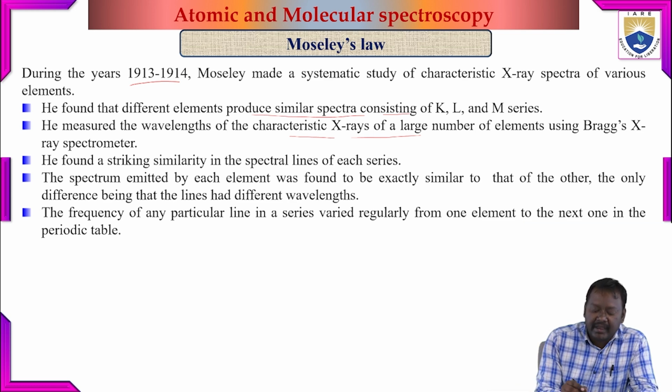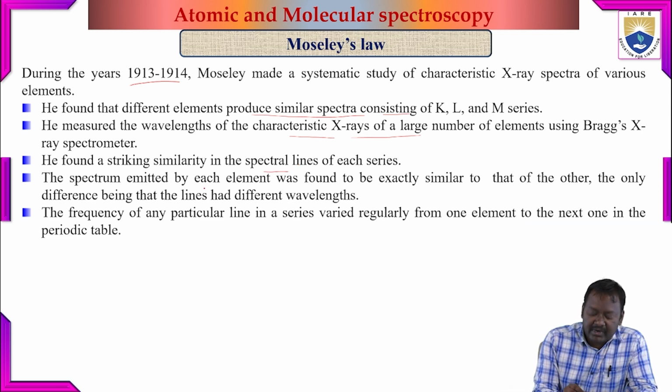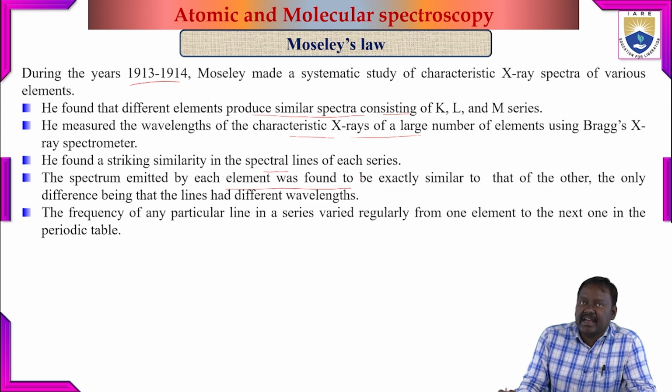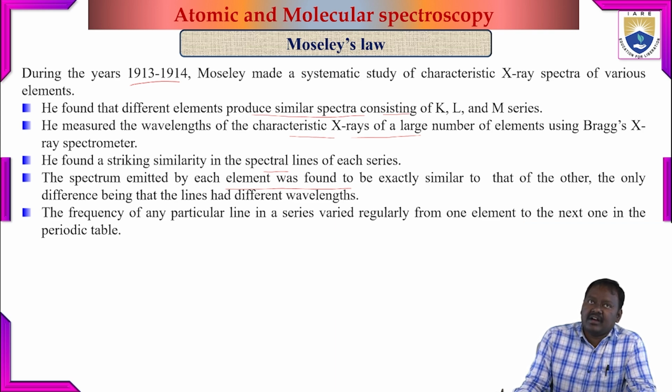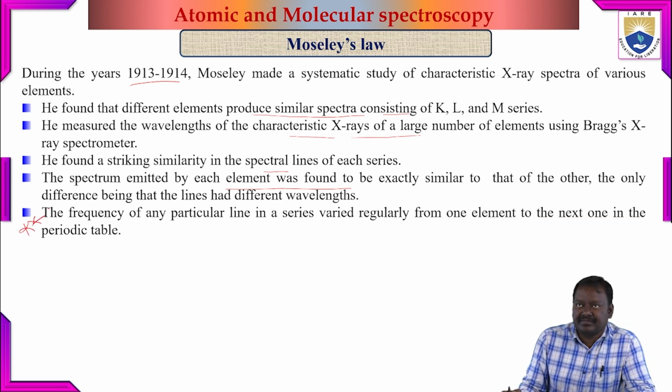He found a striking similarity in the spectral lines of each series. The spectrum emitted by each element was found to be exactly similar to that of the others, the only difference being that the lines had different wavelengths. The frequency of a particular line in a series varied regularly from one element to the next in the periodic table. So it is also a very important observation.